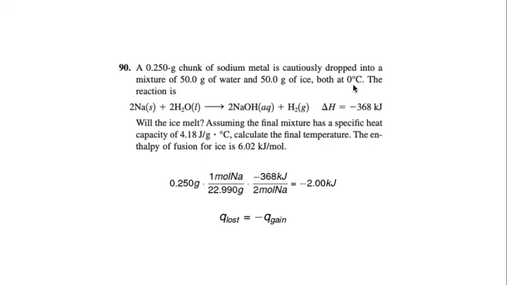But they're both at 0 degrees Celsius, so you should focus on the ice: if that amount of heat energy is absorbed by the ice, would that melt the ice? Of course, you should convert grams to moles and then use your heat of fusion to see if that would cause the solid to turn to liquid state.